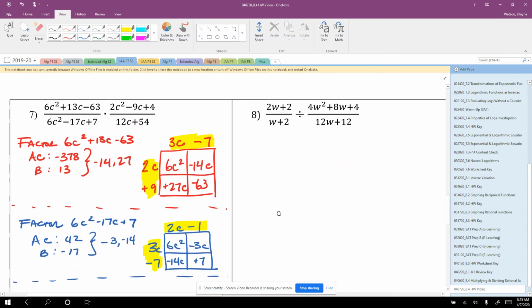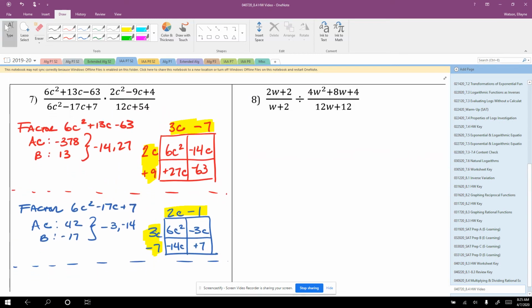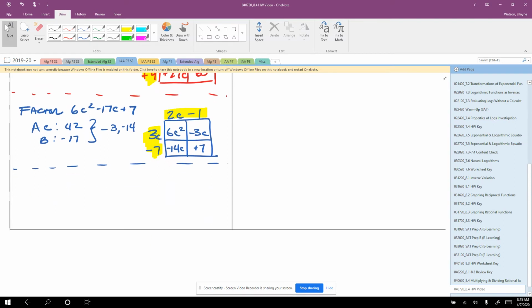Okay, and now last, we're going to factor the numerator of the second term. All right, a times c is 2 times 4, which is 8. B is negative 9. So two numbers that multiply to 8 and add to negative 9. Negative 8 and negative 1. Okay.